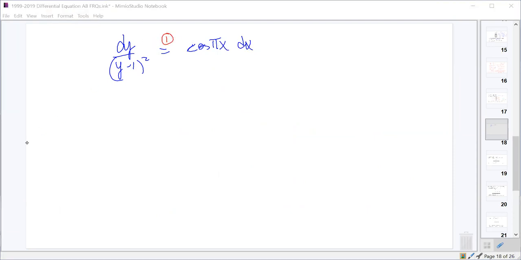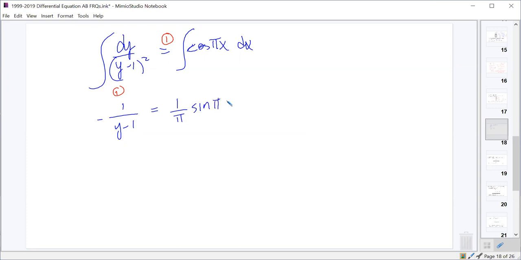So there's 1 point. Integrate both sides. This one just becomes negative 1 over y minus 1. That's 1 point. This one becomes 1 over pi sine pi x. That's 1 point.